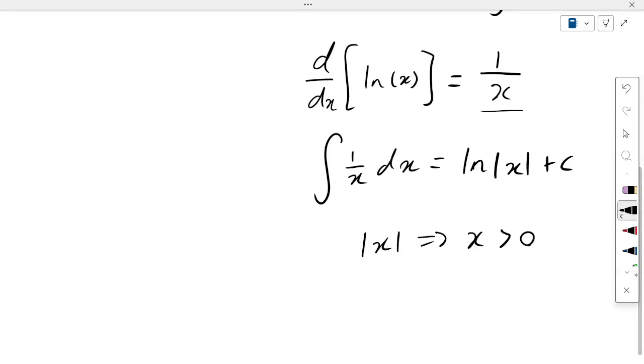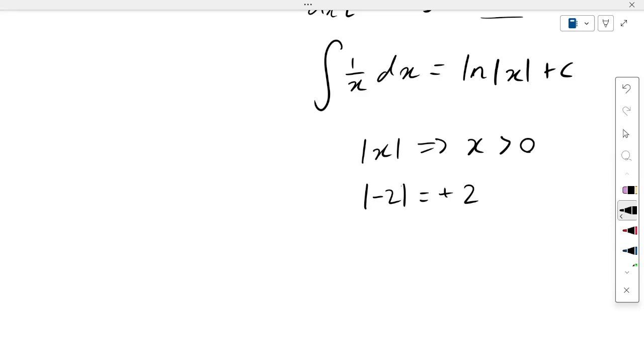It's the best we can do because it will convert immediately to a positive, right? Because we know that the absolute value of any negative number, like let's say negative 2, is just going to equal positive 2. We can also write absolute value like this if it helps a little bit better.